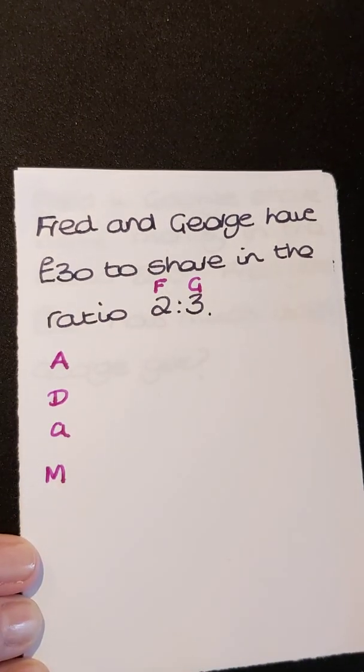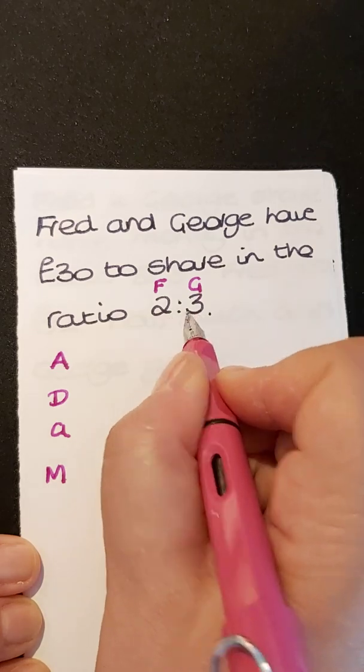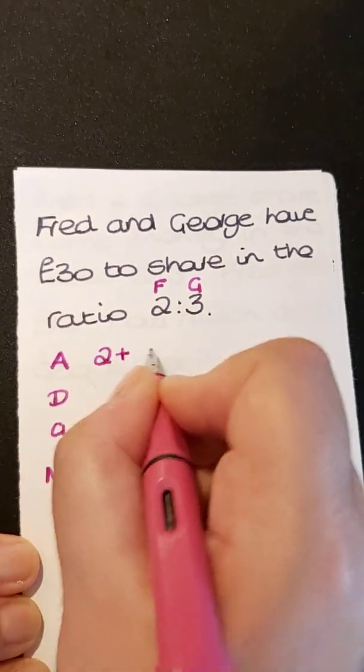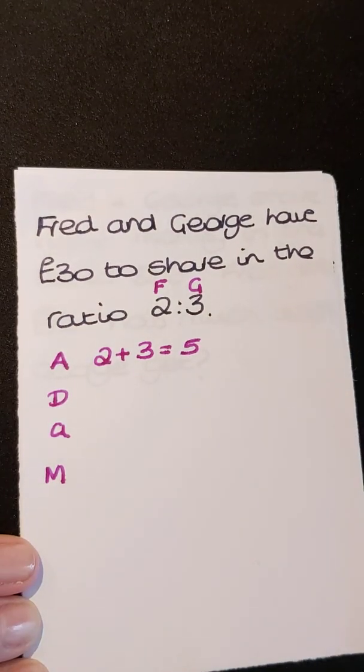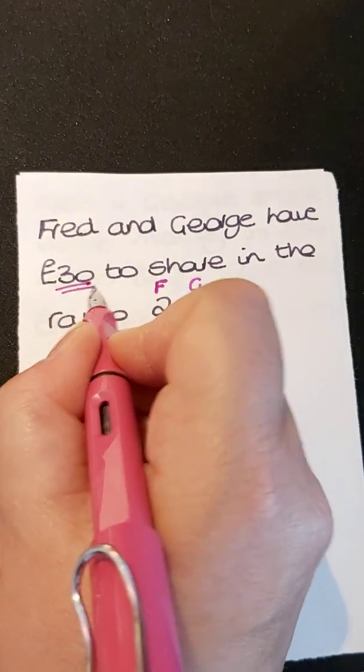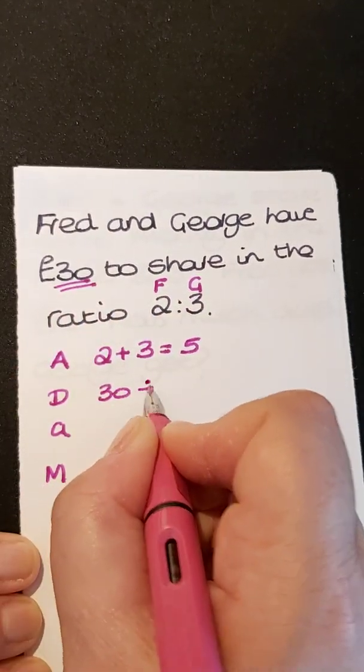So what this means is we take the numbers that are in the ratio and that's what we're adding together. So 2 plus 3 equals 5. We then divide the amount of money we've got by what we got when we added.